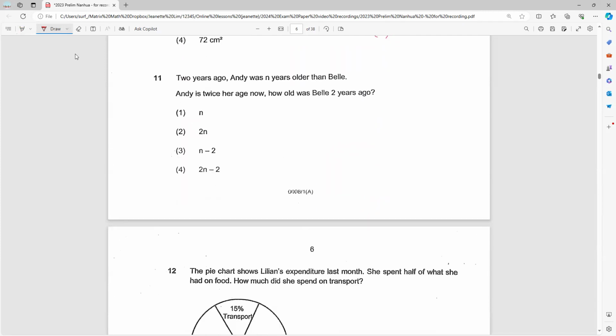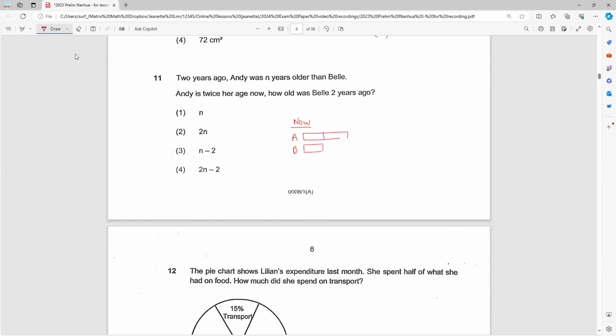Question 11. 2 years ago, Andy was n years older than Belle. Andy is twice her age now. How old was Belle 2 years ago? Now, this is talking about age, right? So age difference will never change. The age difference will always be n years. So Andy, right now, is twice of Belle.